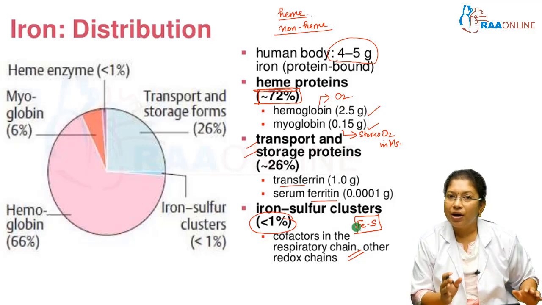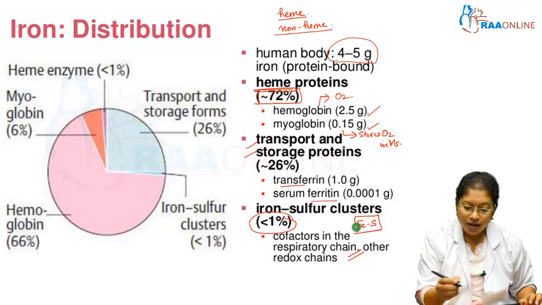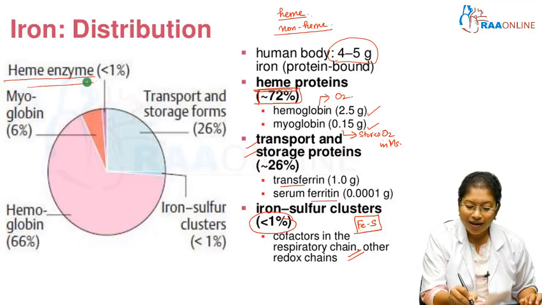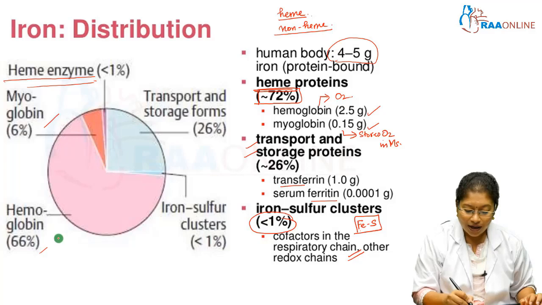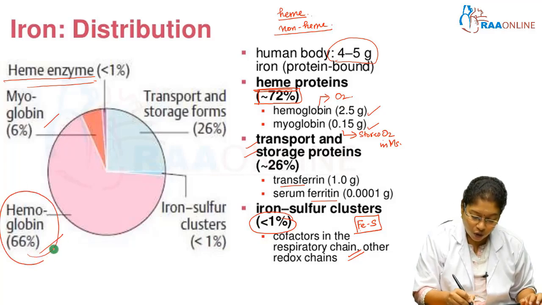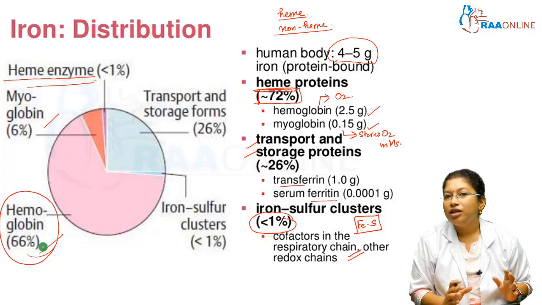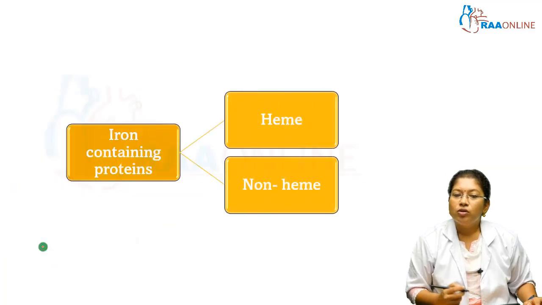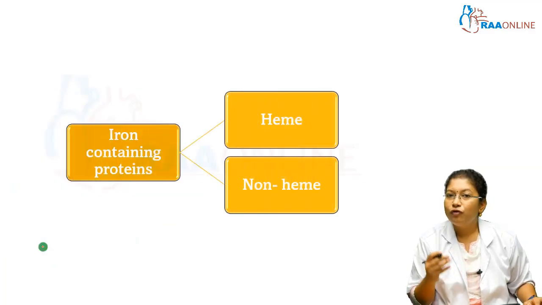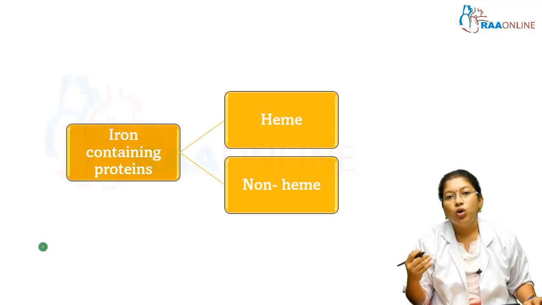So when you see the pie chart here, you can see the heme containing enzymes, myoglobin and hemoglobin. Mostly hemoglobin is the major iron containing store in our body. So, iron containing proteins are of two types. One is heme containing proteins and another one is non-heme containing proteins.